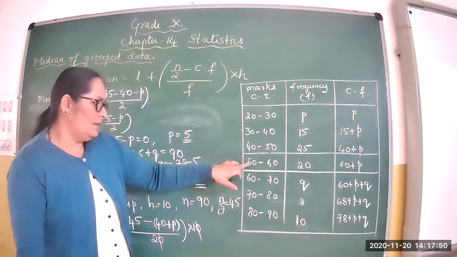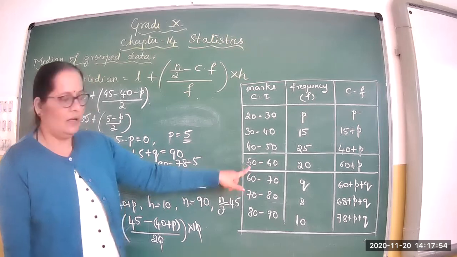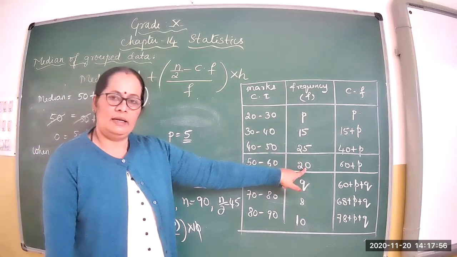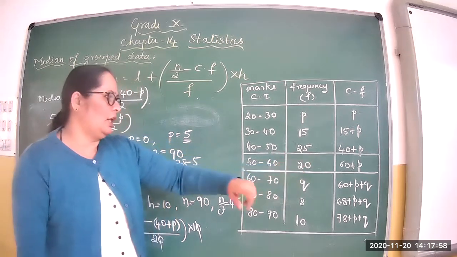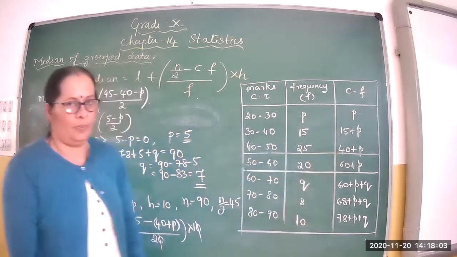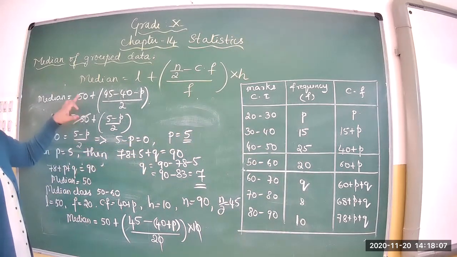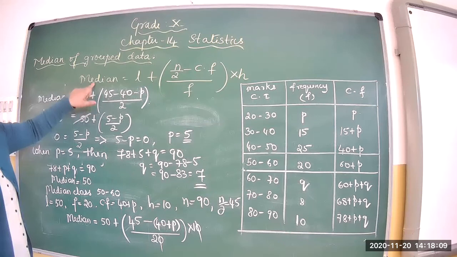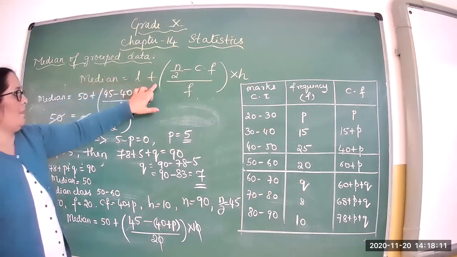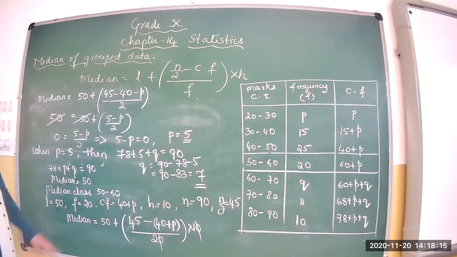When this is the median class, the lower limit is 50, the frequency of the median class is 20, and the cumulative frequency of the preceding class is 40 plus P. So using all this data, you can find the median. Median equals L plus N by 2 minus F upon f into h.